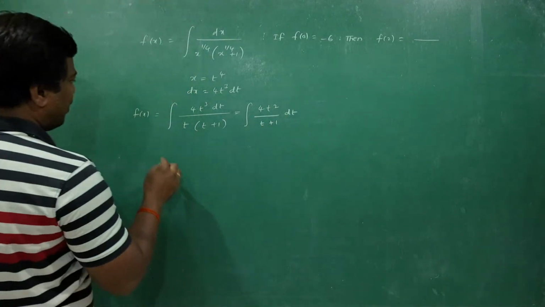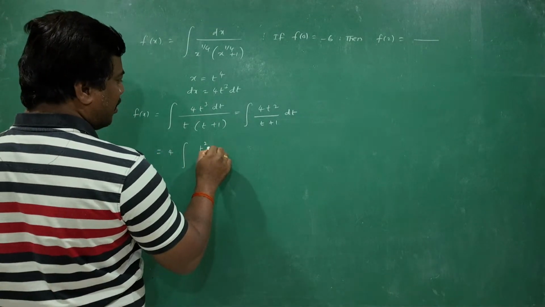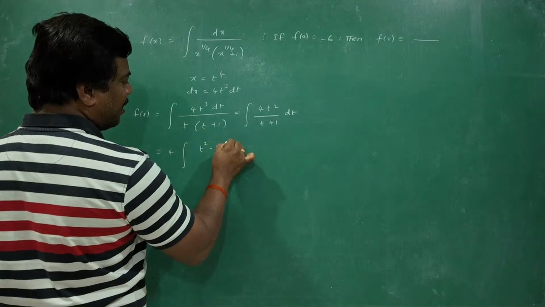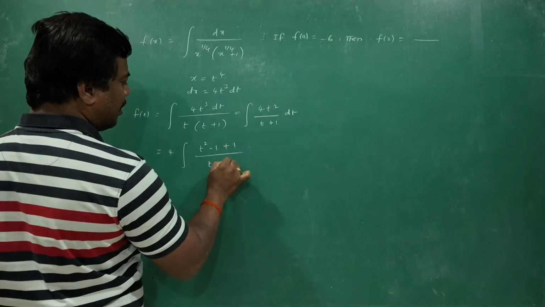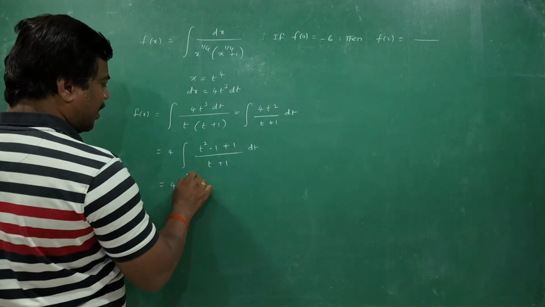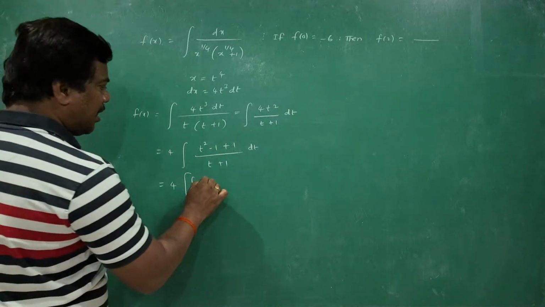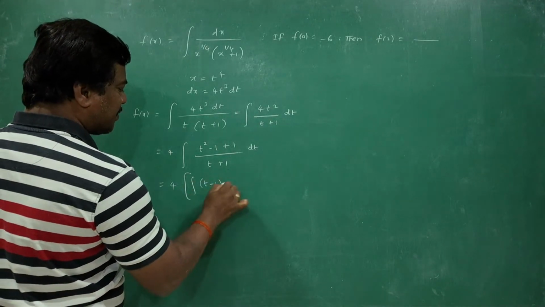You will get, take 4 outside, and if I subtract 1 and add 1 in the numerator, then it reduces into 2 parts. One is t square minus 1 by t plus 1, that is integral t minus 1 dt.